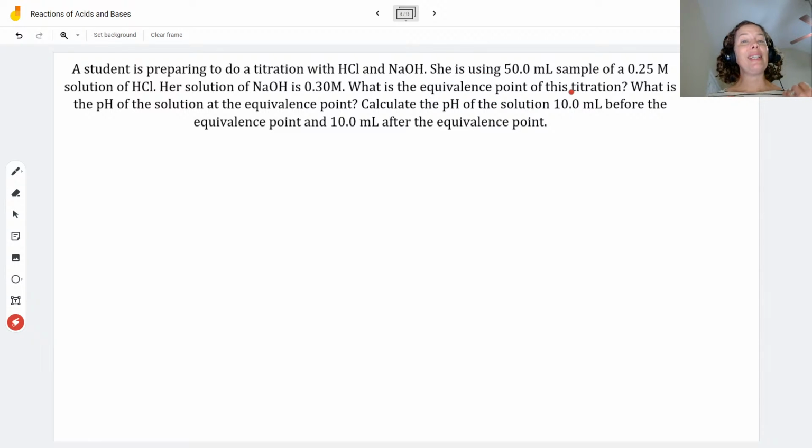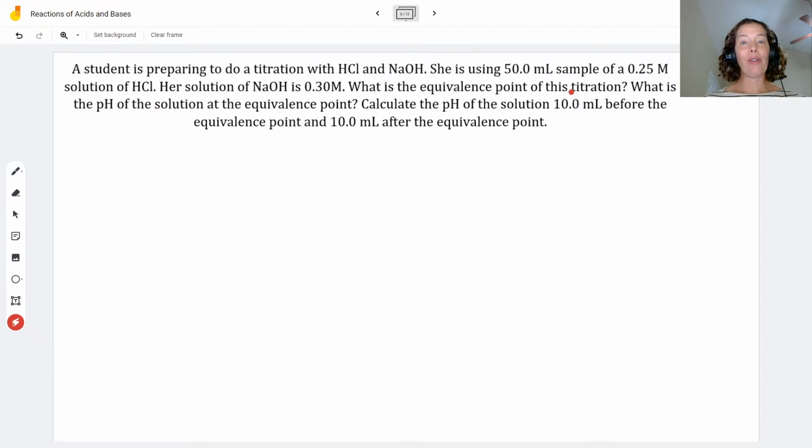If you are doing a titration in lab and you are using an indicator, you are actually finding an end point, which is where the color change occurs, and that should be close to the equivalence point, but it's not quite the same thing. Okay, so with that being said, let's make sure there are no questions on that. It's all about the language, the chemistry language.